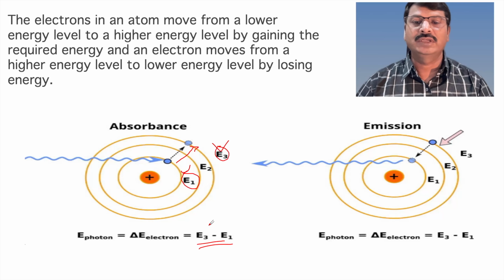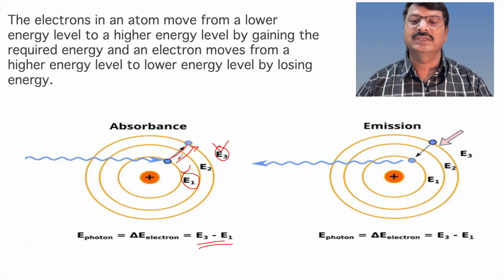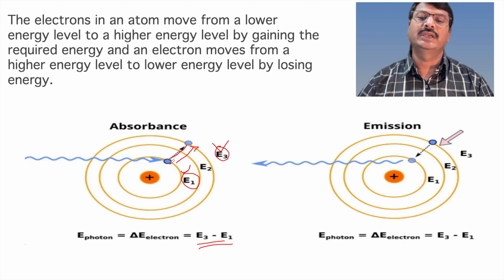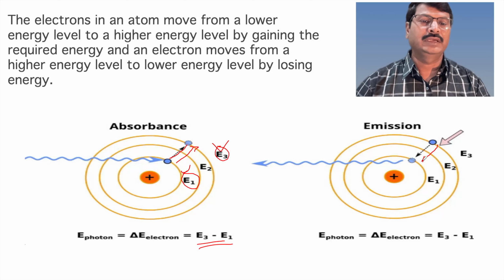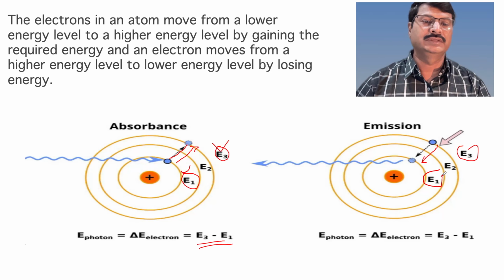Only when this amount of energy is absorbed will the electron move to the higher level. And when the electron comes back from the higher energy level to the lower energy level, the same amount of energy will be released, that means E3 minus E2.